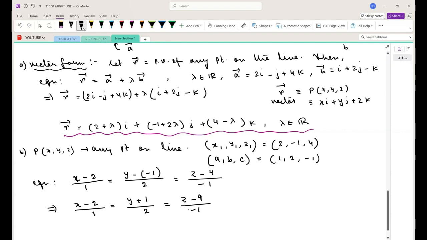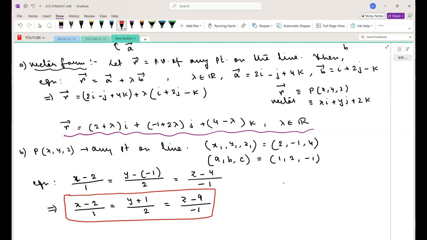One thing is very important here: do not simplify this anymore. This will be your answer. Do not try to adjust the minus signs here, because in the standard form of the equation you should always have x minus x1, not the other way around, y minus y1 and z minus z1.